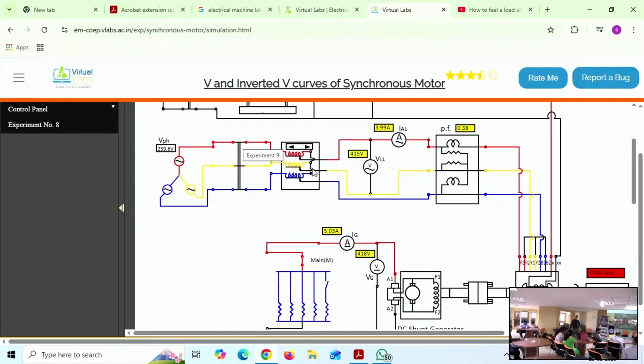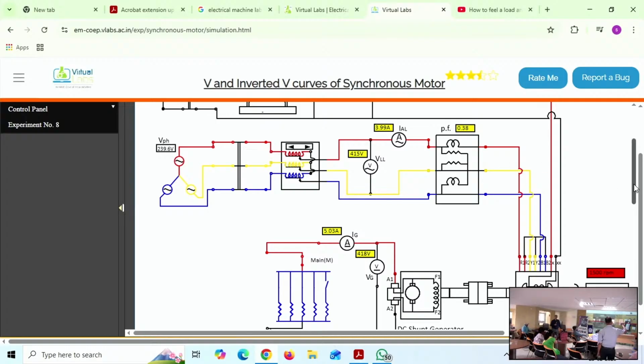Here we are connecting two wattmeters. Whenever we increase the field current, these two wattmeters are for three-phase power measurement, and we also calculate the power factor, so for that we need two wattmeters. Initially one wattmeter reading is increasing, the other is decreasing.